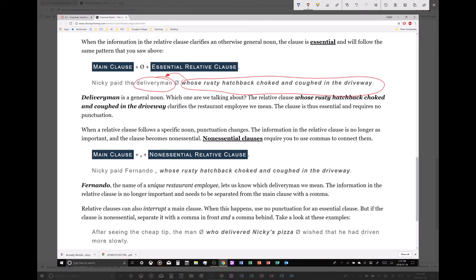It doesn't describe Nicky, because we have Nicky, he paid the delivery man. And what kind of delivery man? It is a delivery man whose rusty hatchback coughed and choked in the highway. So he's driving a car, and the car is not running very well.